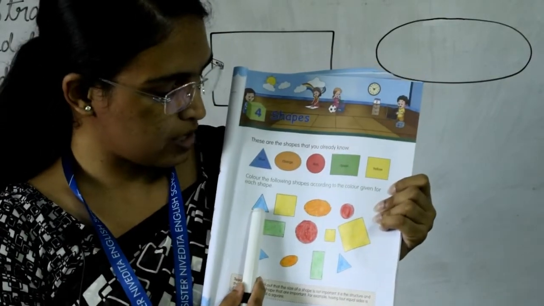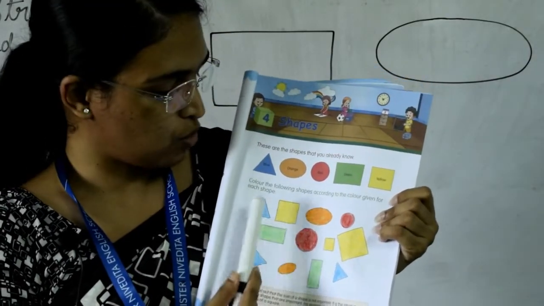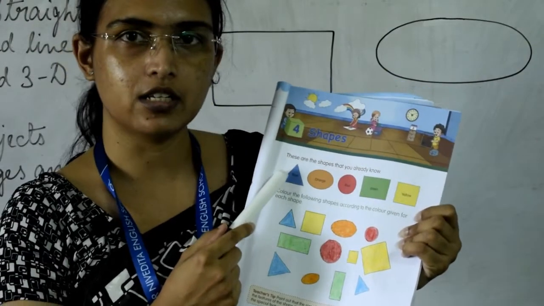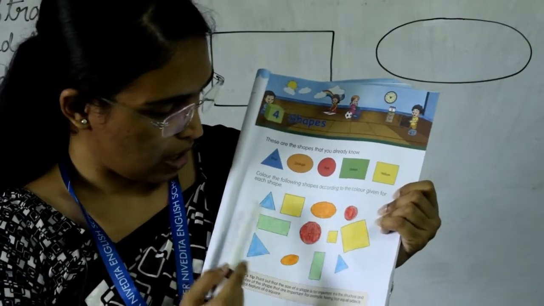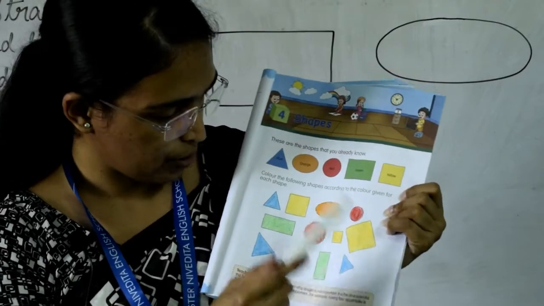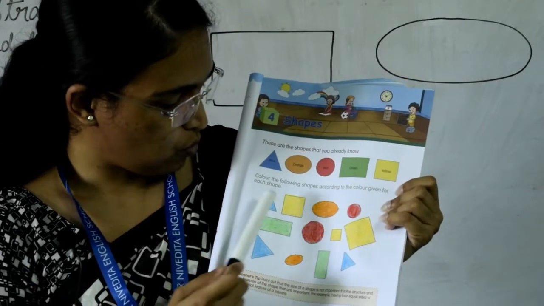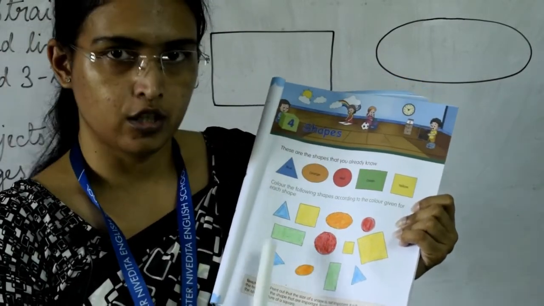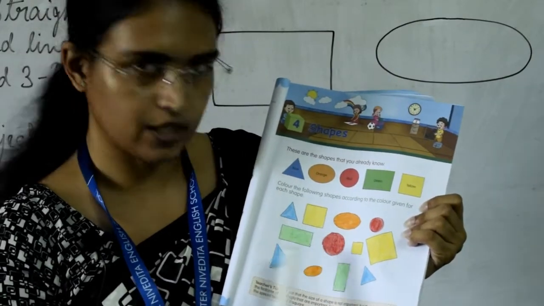Suppose which shape is this? This is triangle. What is the color of triangle? It is blue. In this picture, how many triangles are there? 1, 2, 3. So color these 3 triangles in blue.